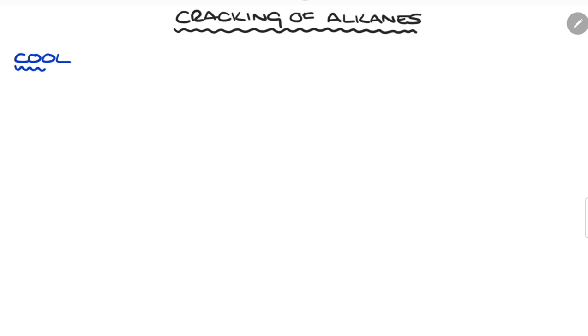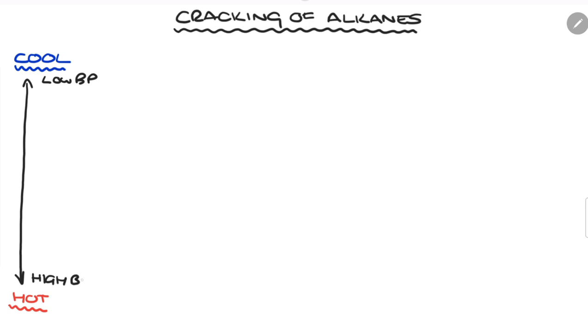If you remember, recapping several of the previous clips, we have this fractional distillation column which is cooler at the top and hotter at the bottom, and this has allowed us to fractionally distill a crude oil mixture and generate low boiling point fractions at the top and higher boiling point fractions towards the bottom.